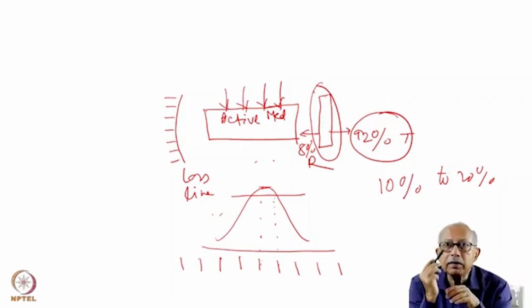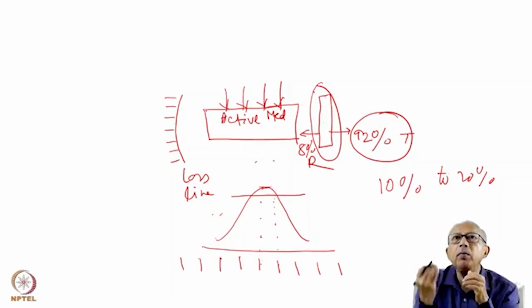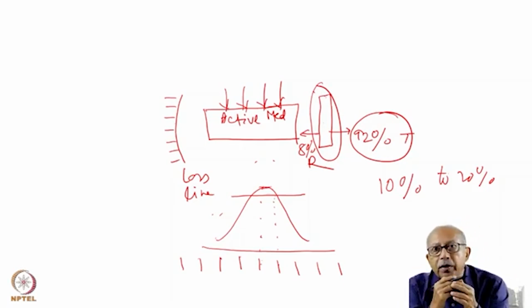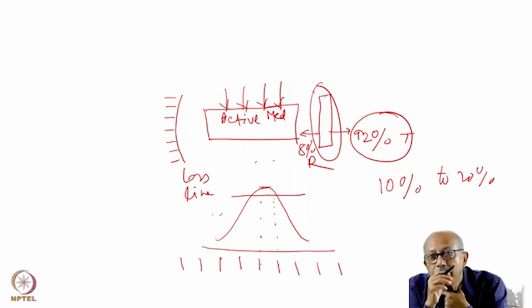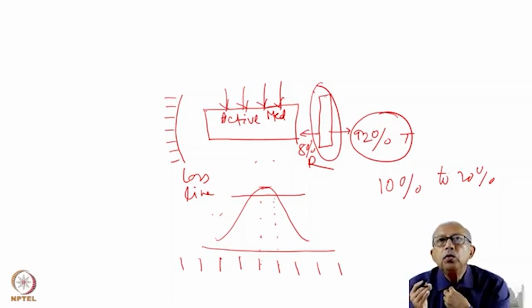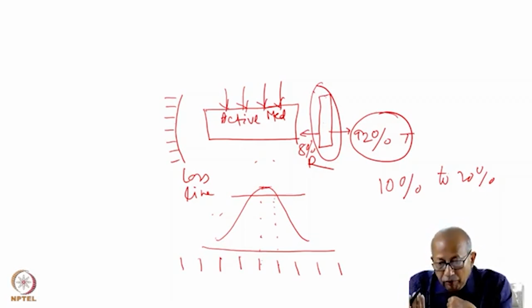And even the same laser under different operating conditions may require different kinds of transmittive optics. Therefore, you should be able to fabricate transmittive mirrors of varying rate.